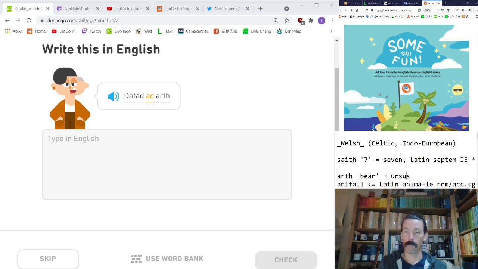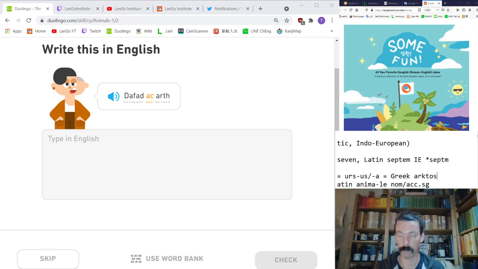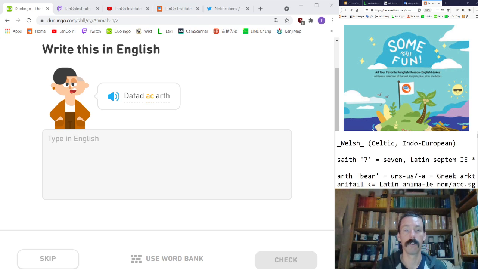Ursus would be the male form, or you could have an a instead. Ursus, ursa. And that's Latin. And in Greek, it was the arctos for the bear word, which is where we get Arctic. Dafad ac arth. So it's a sheep and a bear.